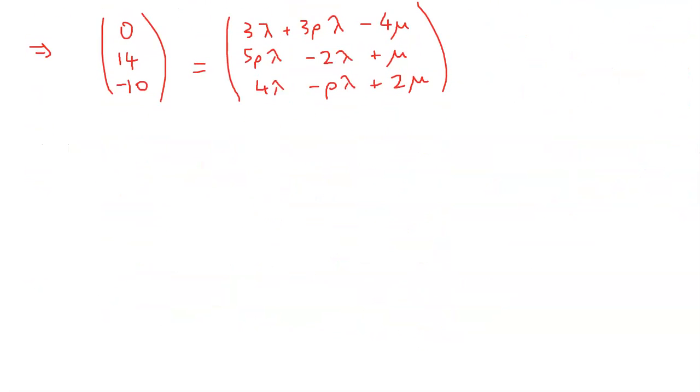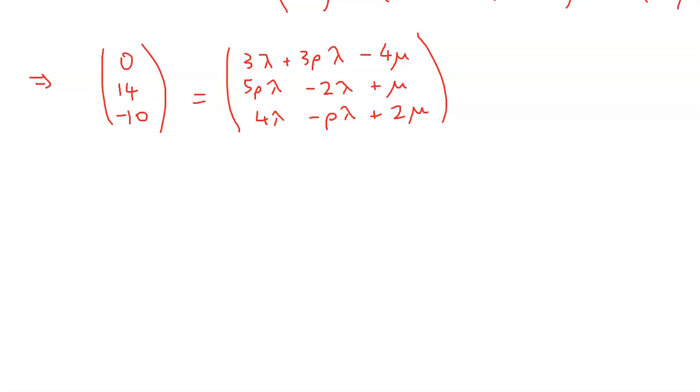So we got 3 equations, and you can just call p lambda something else, because you got 3 linear equations and 3 unknowns. Let's say p lambda is equal to w, and then you're just writing this out as a matrix.